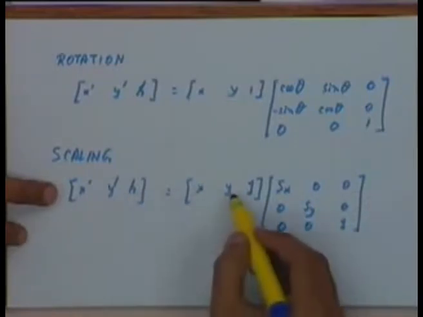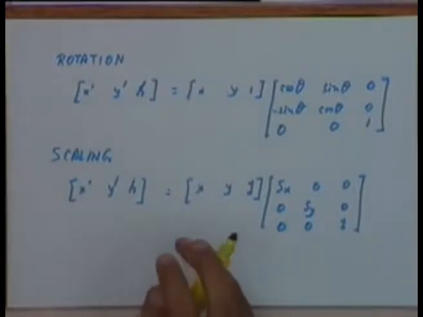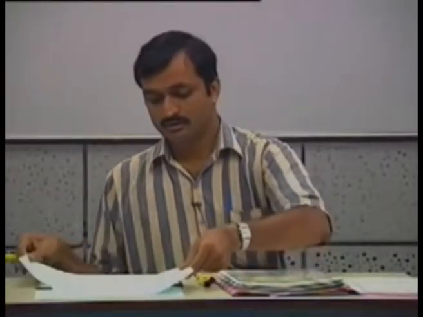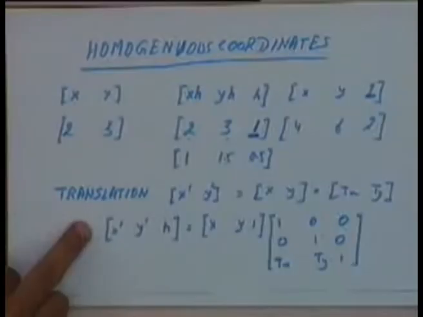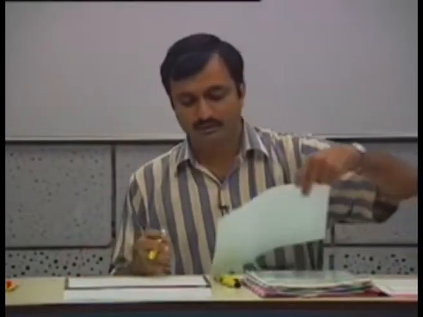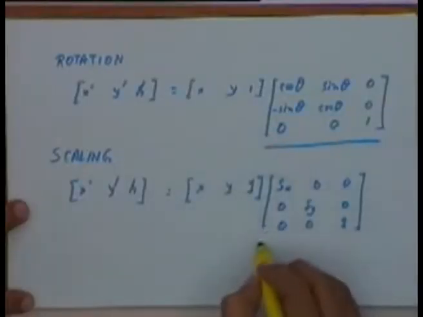The homogeneous coordinate h will again be equal to 1. So by using homogeneous coordinates, we are first able to capture translation by this matrix multiplication operation, and similarly even rotation and scaling are captured as matrix multiplication operations.